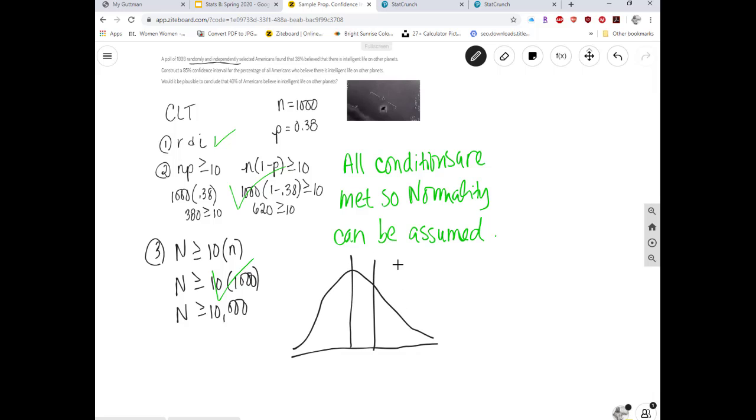Okay, so here is my sad little curve. This one came out kind of messed up. Okay, and I'm going to go ahead and write my z-scores right here.